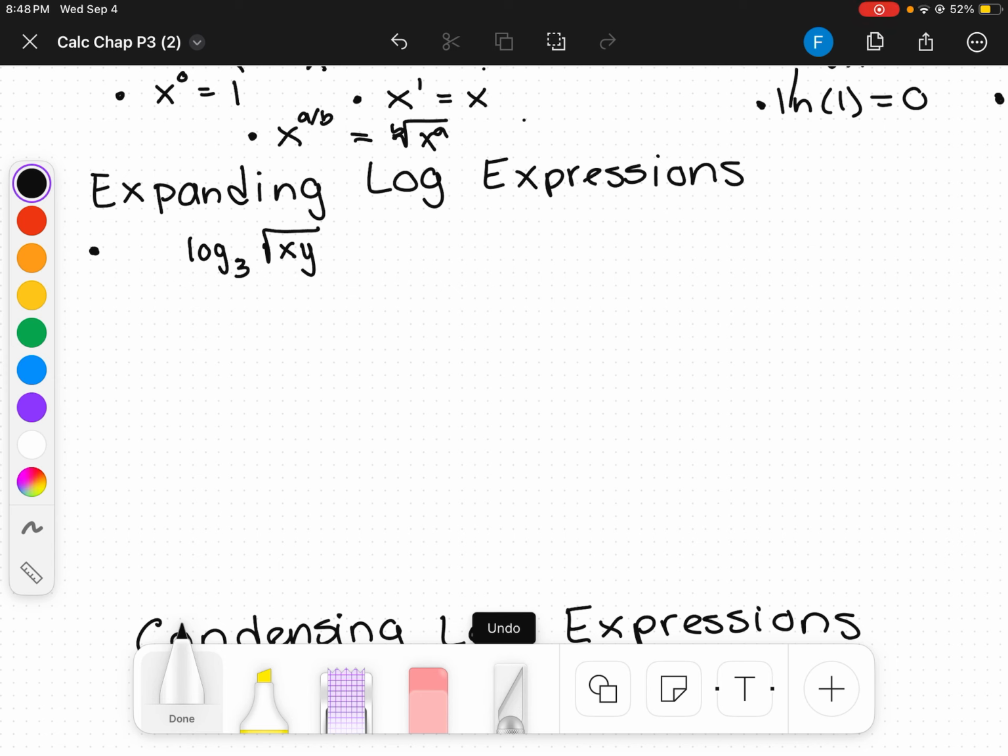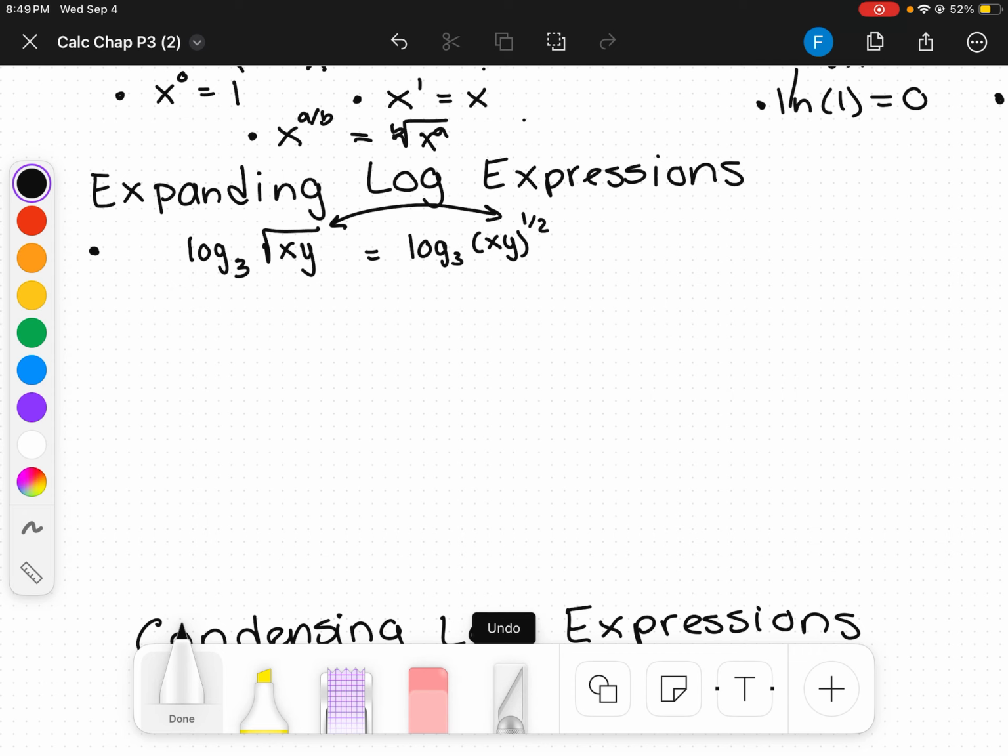We're going to start with that one, okay? In order to expand a log expression, you want to break it up as much as possible. So the first thing I would do here is rewrite that radical as a fractional exponent. So I have log base 3 and then xy raised to the 1/2 power. That's one of your exponential rules, right? I can rewrite a radical as a fractional exponent.